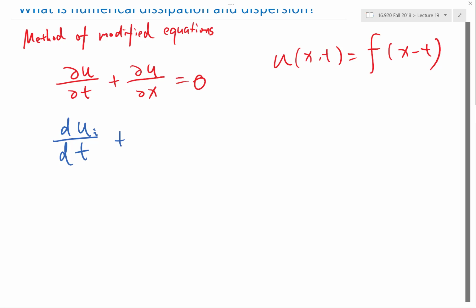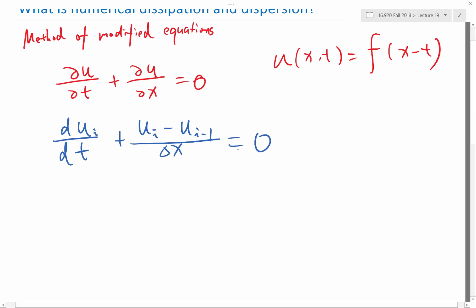The u_{i+1} minus u_i over delta x. Sure, so the wave moves towards the right, right? Which direction is upwind direction? Which direction is the wave coming from? It's from the left, right? So an upwind would involve i minus 1 instead of i plus 1. So it would be u_i minus u_{i-1} divided by delta x equal to 0.